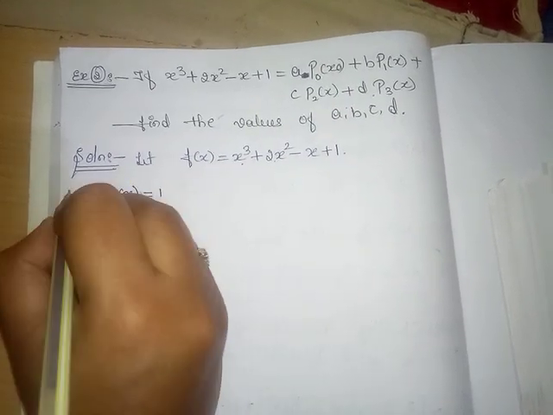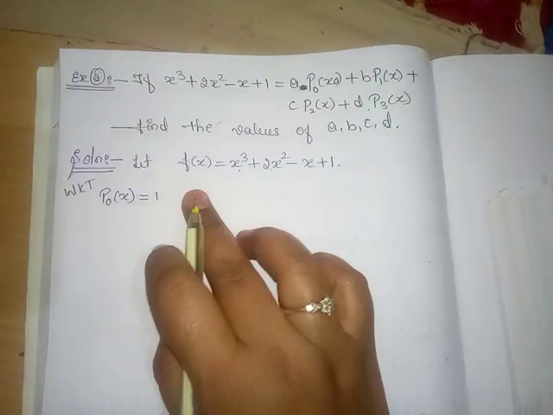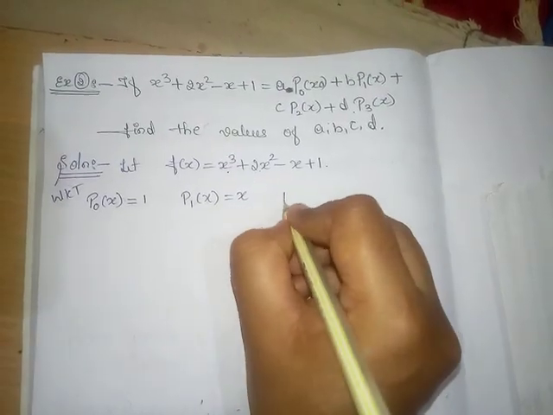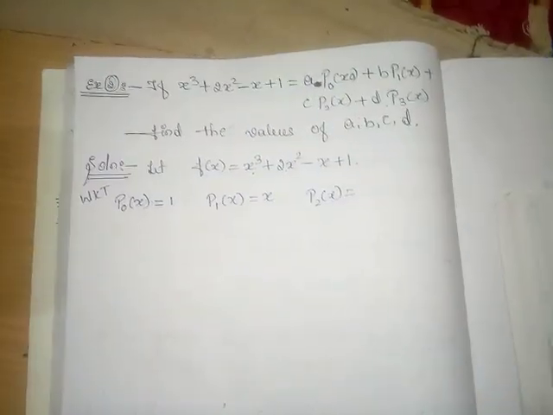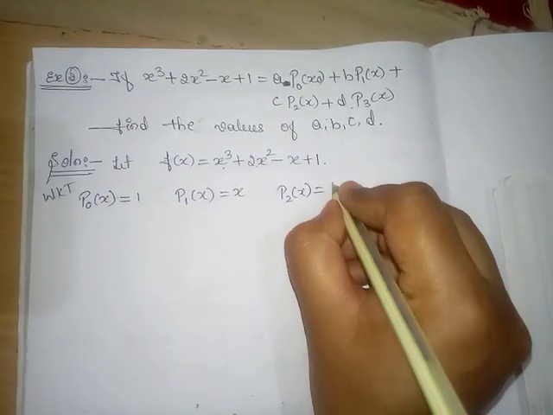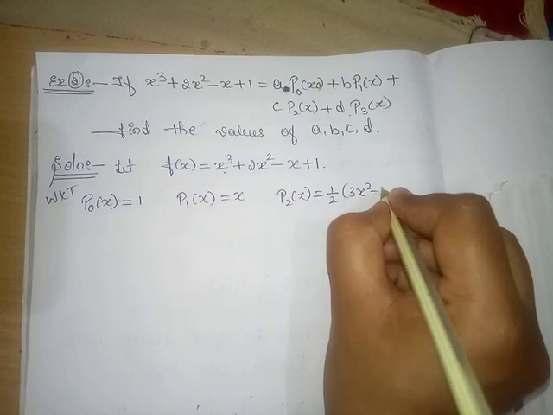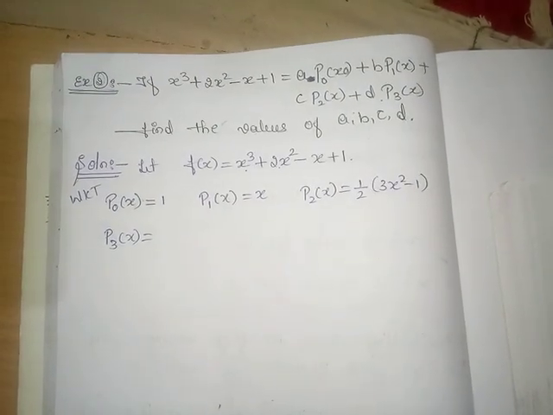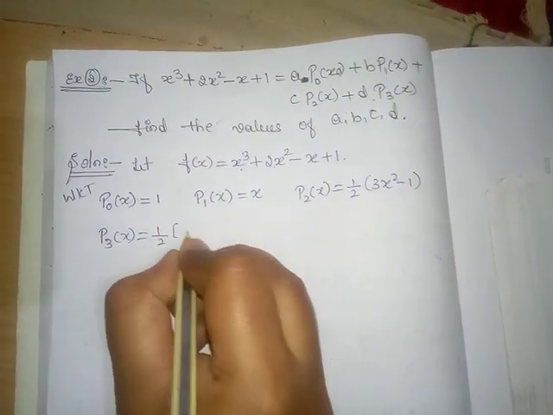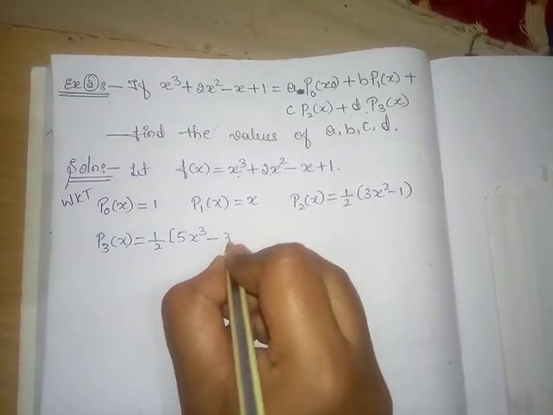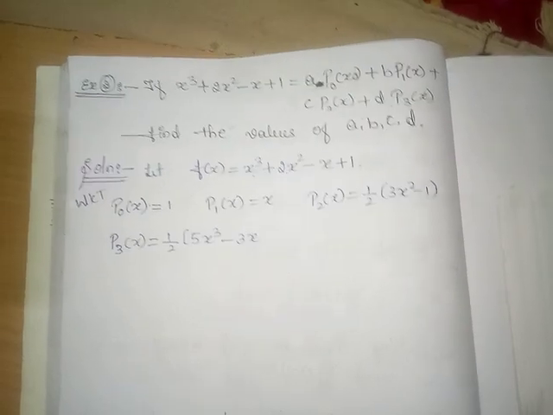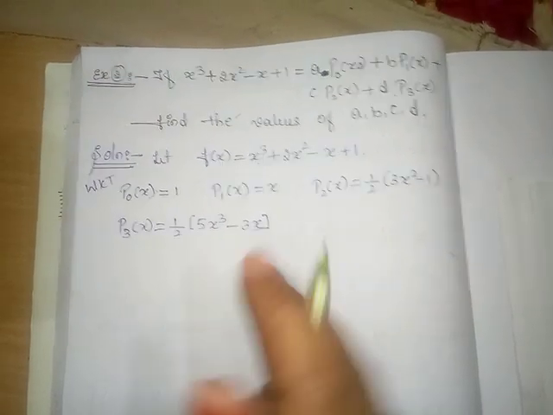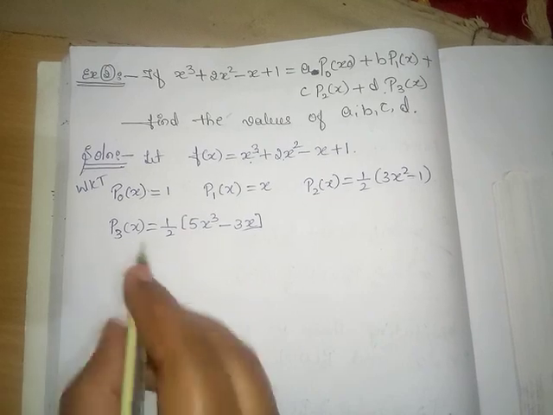P naught of x is equal to 1, P1 of x is equal to x, P2 of x is equal to 1 by 2 into 3x square minus 1, and P3 of x is equal to 1 by 2 into 5x cube minus 3x.